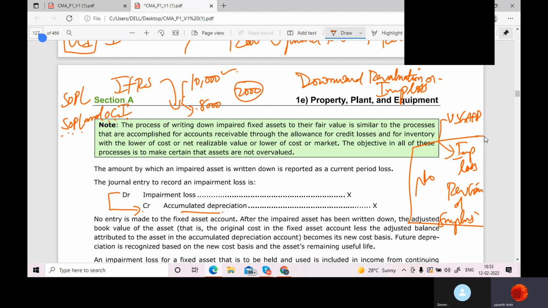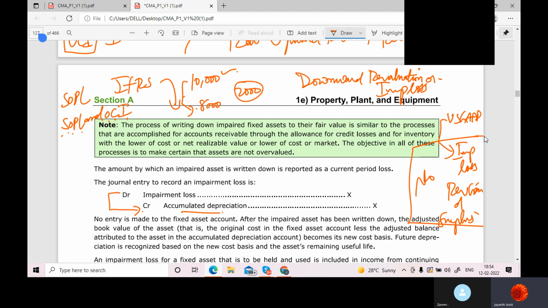When you are using something for a very long period of time, with continuous usage of that asset it is expected that it will lose its efficiency and we could expect a loss, but we cannot say that it will improve its efficiency. So they are against it.